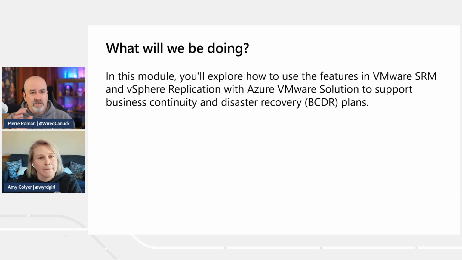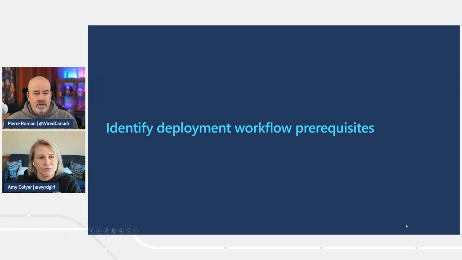SRM is kind of like the VMware equivalent of ASR, which is Azure Site Recovery, where we replicate running VMs to another region or another resource group in case something happens to the primary. Yep, this is the VMware side of it.